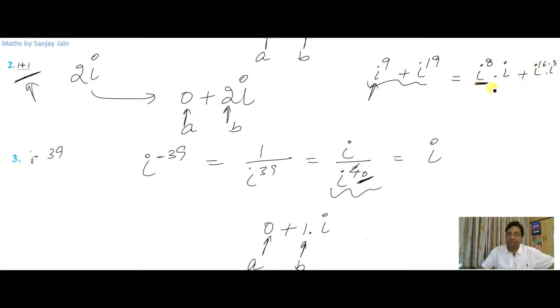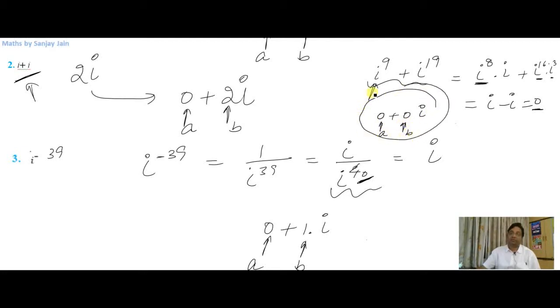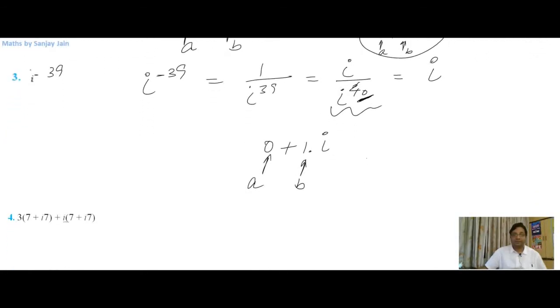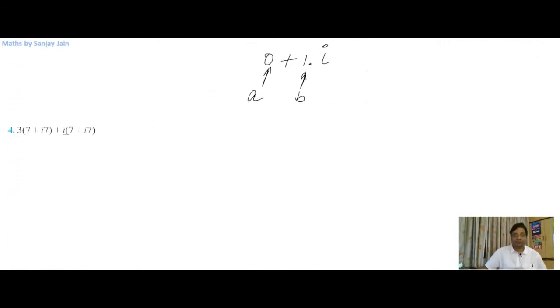So this will give you 1, so it is iota. This will give you 1, and what is this iota cubed? Iota cubed is minus iota, so I'll write it like this, so it will be 0. 0 can be written in a plus b iota form as 0 plus 0 iota. So this is a, this is b. I hope you can write it like this, okay.